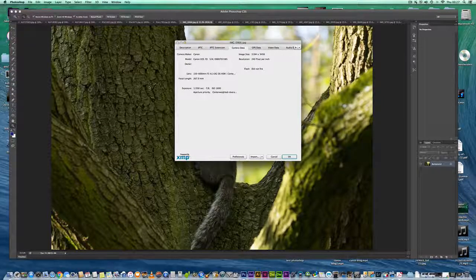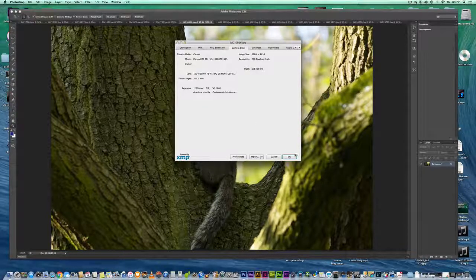267mm, f8, ISO 1600, so we're pushing the ISO a little bit. On this particular image, the 7D is actually on high settings, so maybe this will give you more of an idea of how good it is at the highest resolution, which I think is either 18 or 19 megapixels on the 7D. Don't quote me on that though.